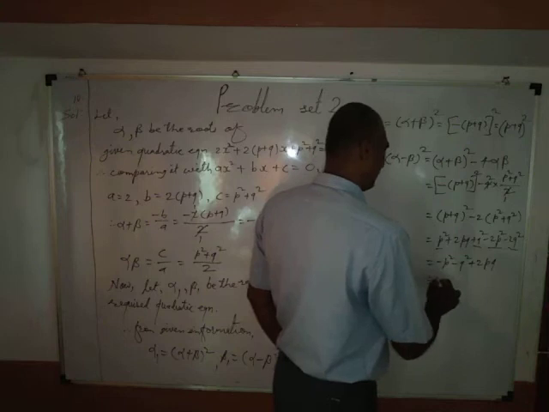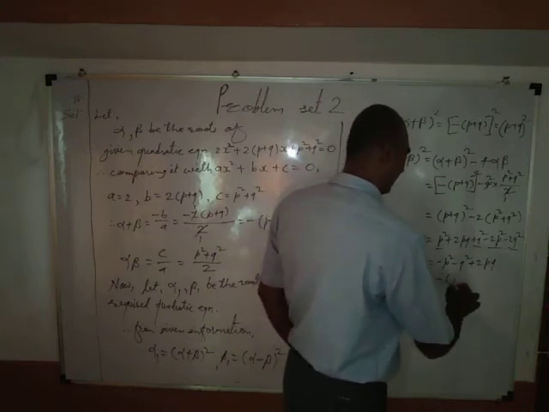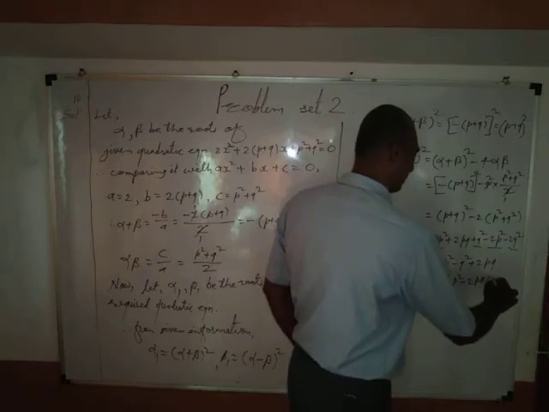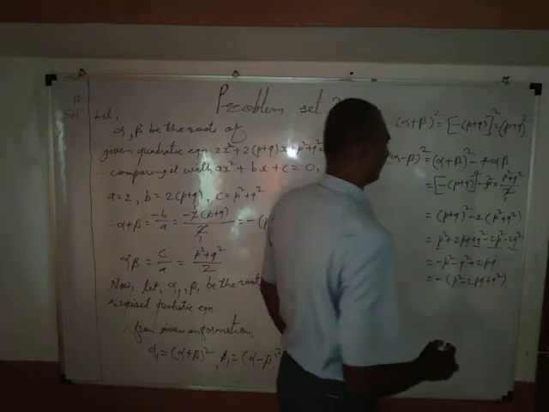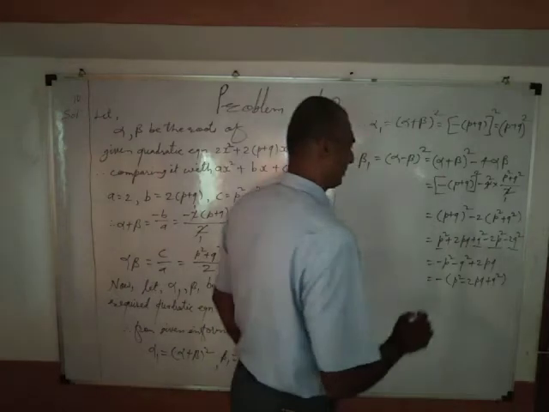If we take the minus sign common, then we get minus in bracket p square minus 2pq plus q square. Okay, it will be just like this.